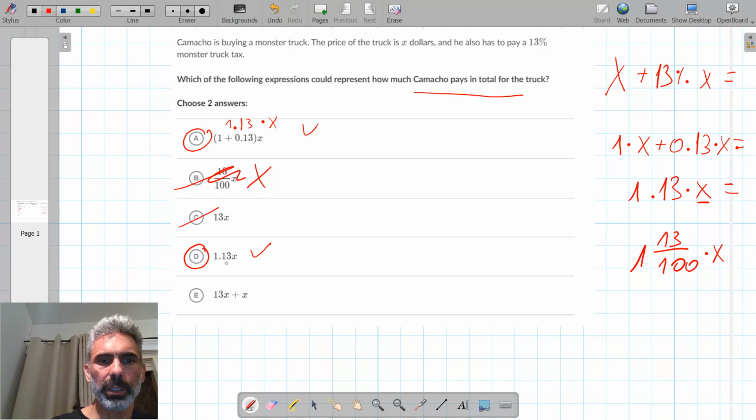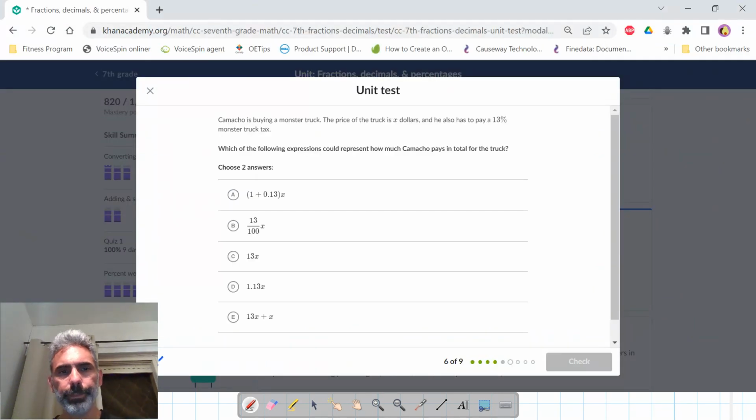So 1.13 times the price of the truck, so it's good. And E cannot be correct, because this is 14x. 13x plus x is 14x, which is incorrect. Okay, so A and D.